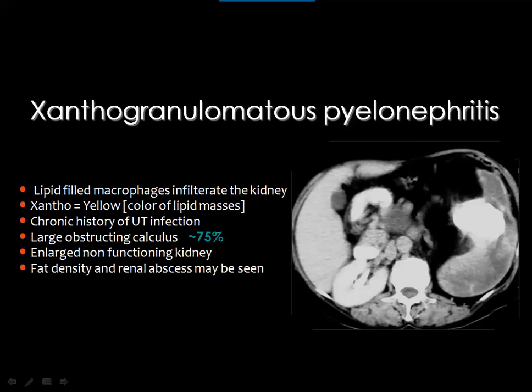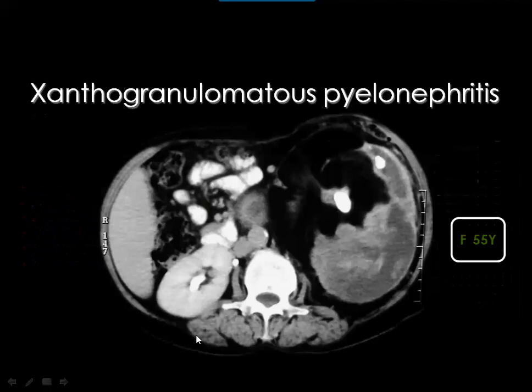You see a large obstructing calculus in about 75% of the cases, a large non-functioning kidney, and fat which is infiltrating the renal parenchyma.